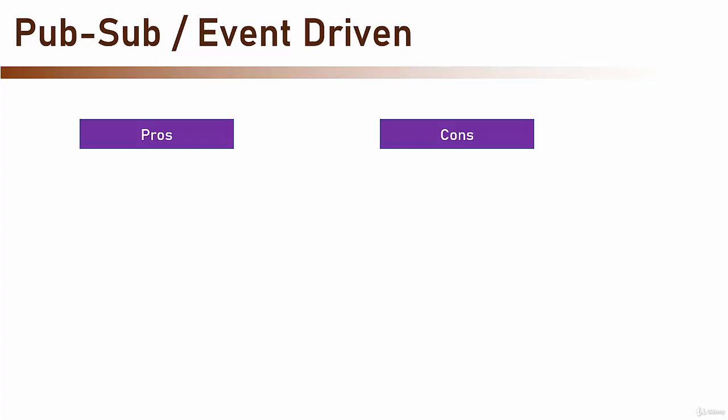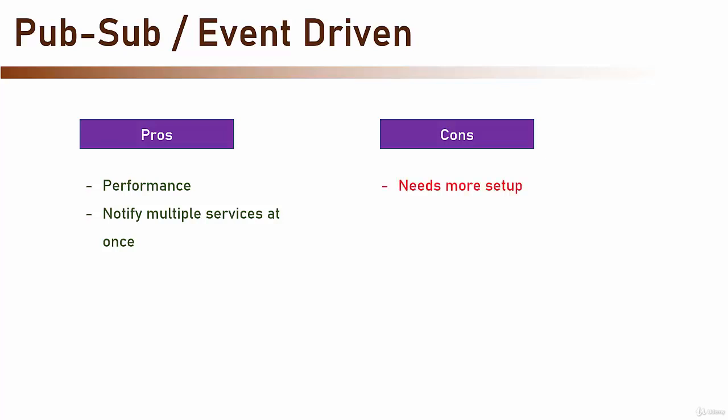Now, what are the pros and cons of this pattern? So in the pros, we have performance, which as we saw in the one-to-one async is greatly improved. And as we saw, this pattern also allows us to notify multiple services at once, which is not possible in the other patterns we saw. And what are the drawbacks? So first, as with the async pattern, this pattern requires complicated setup and uses third-party tools.